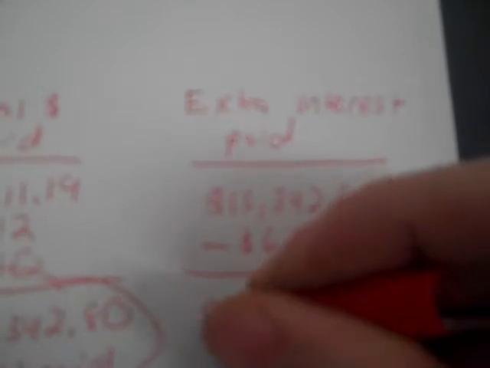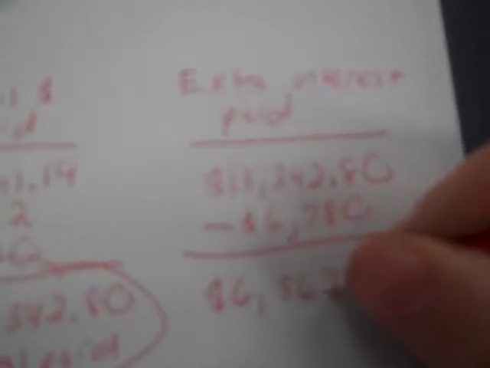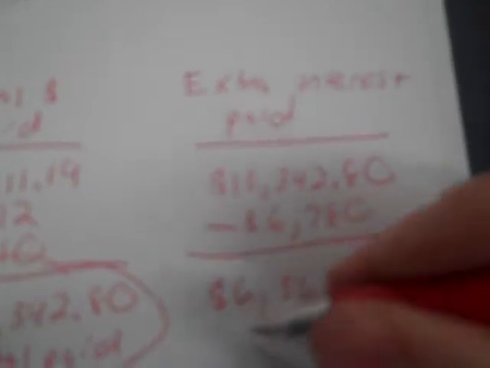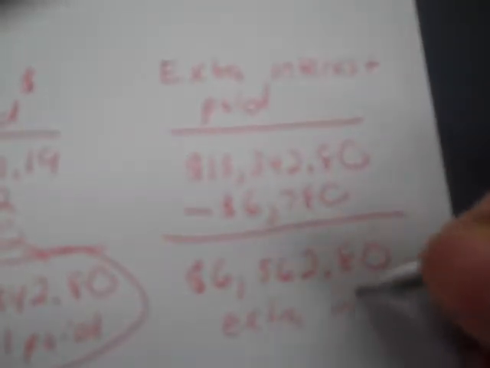All right, extra interest paid. Now we paid this, but I only borrowed this. So I paid a lot more than I borrowed. How much more? Well, we just subtract. We find the difference. So $6,562.80. Extra interest.